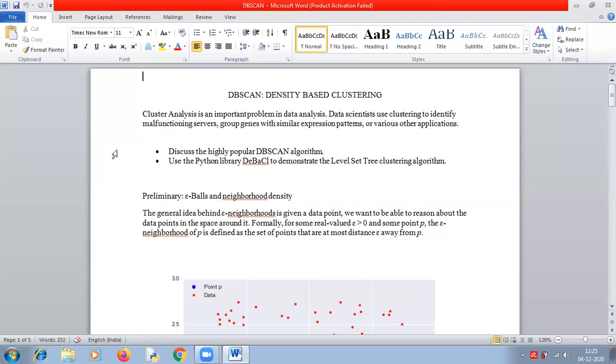Formally, for some real-valued epsilon greater than 0 and some point p, the epsilon neighborhood of p is defined as the set of points that are at most distance epsilon away from p.